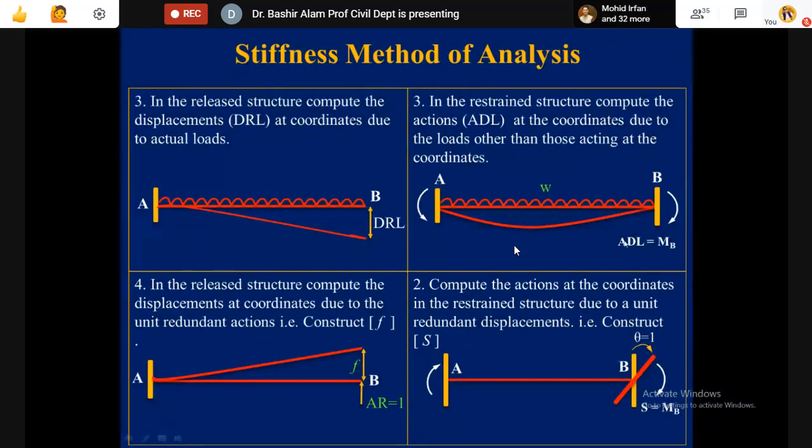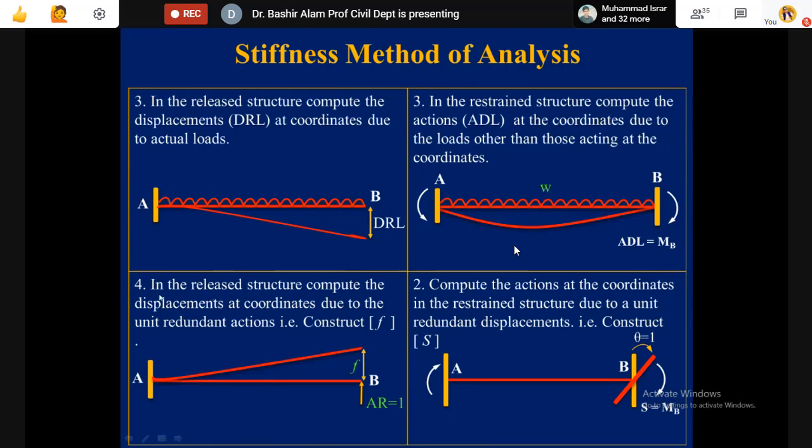This is the ADL action corresponding to the displaceable joint due to actual loads. So this is calculated.